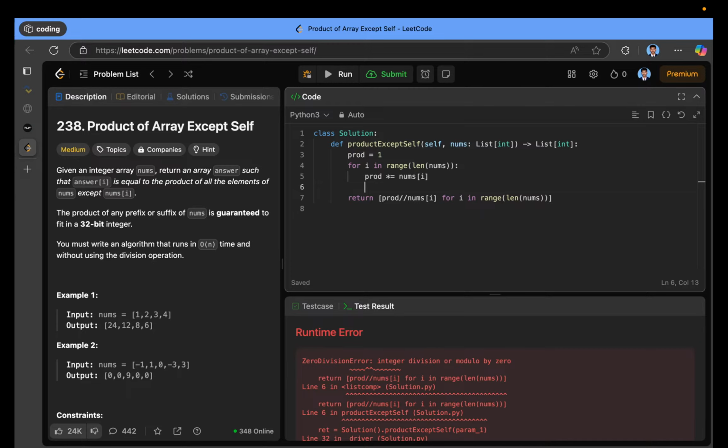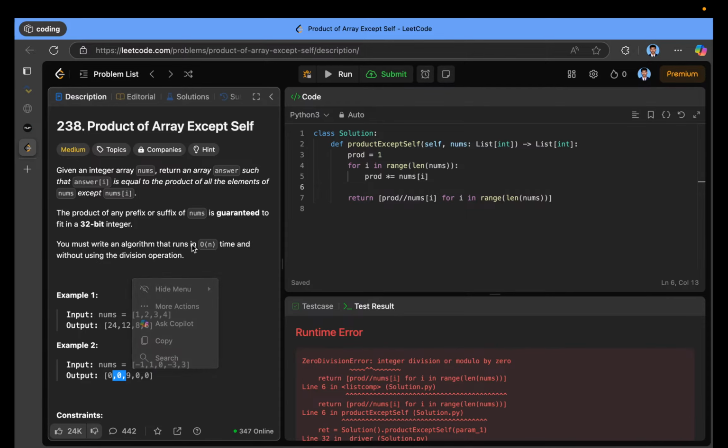What should I do to solve this question? Let's read again. Maybe we find a solution. Given an integer array nums, return an array answer where each element is equal to the product of all. The main struggle we have is the presence of 0.